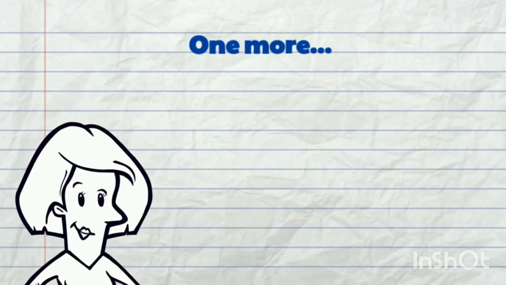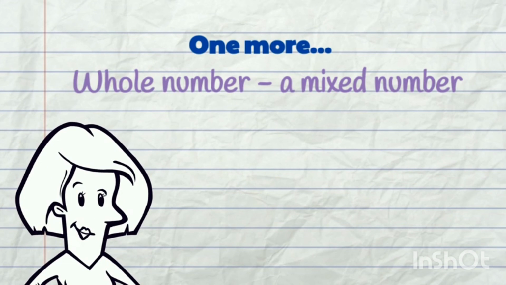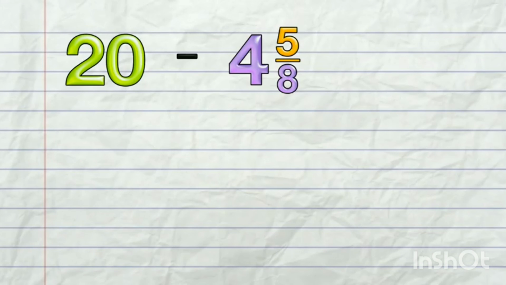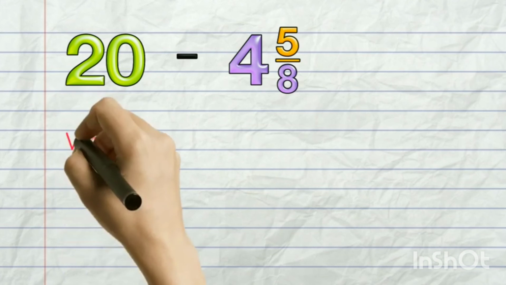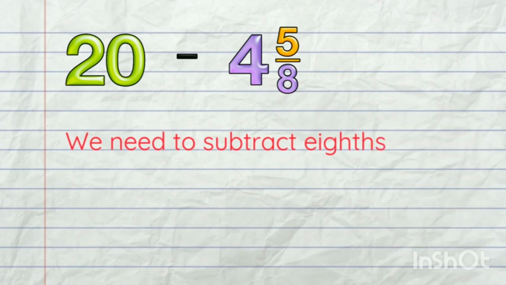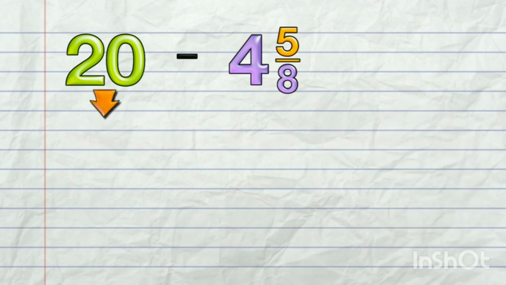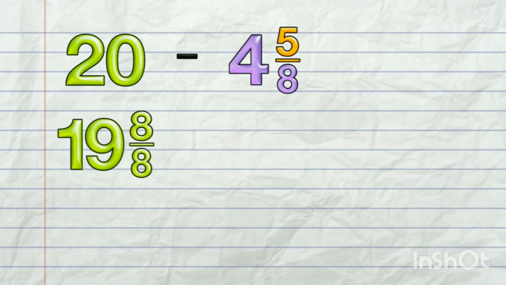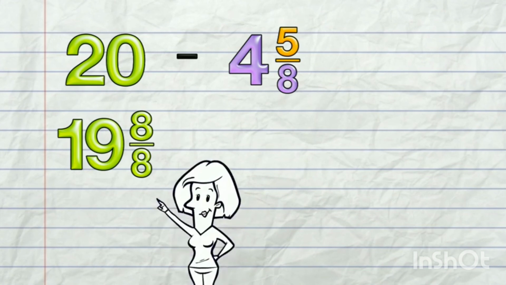Let's do one more, and this time we'll do a whole number minus a mixed number. 20 minus 4 and 5/8. We need to subtract eighths, so our 20 is going to be represented as 19 and 8/8.